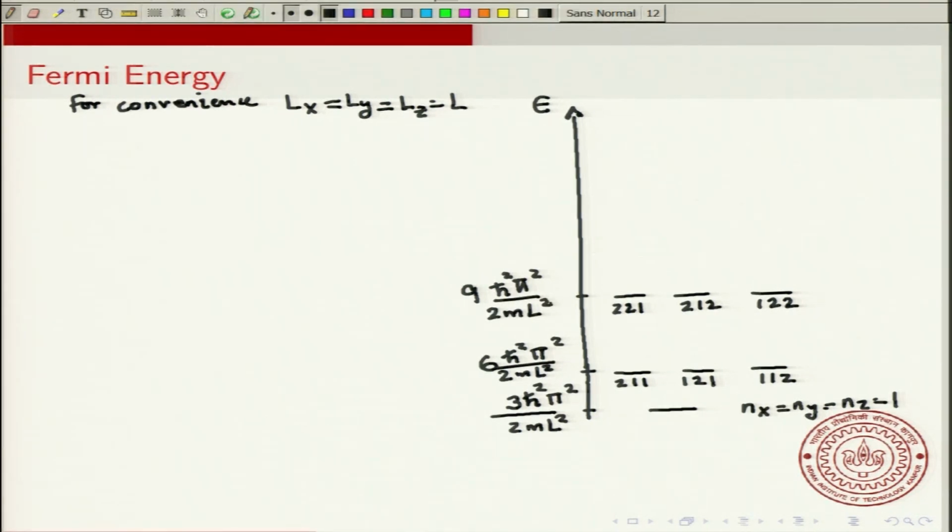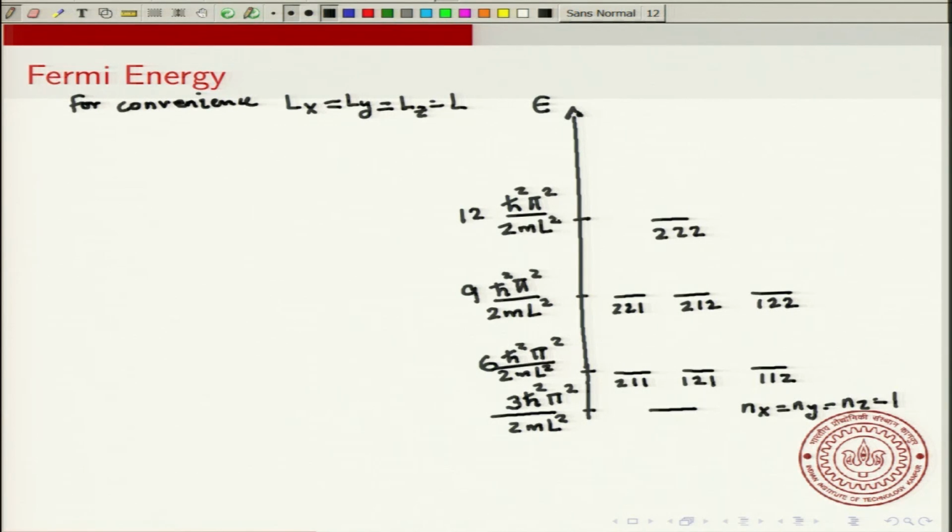Notice that there are 3 states that have equal value of energy. So this state is triply degenerate. The next one I'll just show one more. So this is 2 2 2, and the energy is 12 h cross square pi square by 2 m L square.